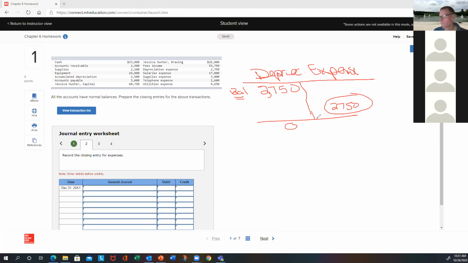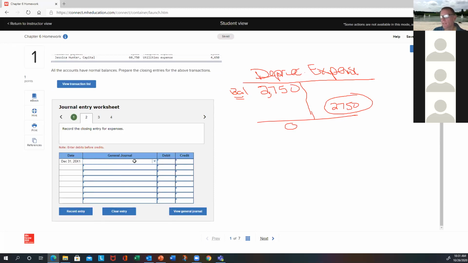That's the visual. That's what we're doing. So we're just going to locate all these expenses. And remember, we're going to be debiting income summary. So just for default, I'm going to find income summary. We're going to add these up in a moment, but let's just list these. Let's find depreciation expense. They probably didn't put these in the right order, but we'll see. There it is.